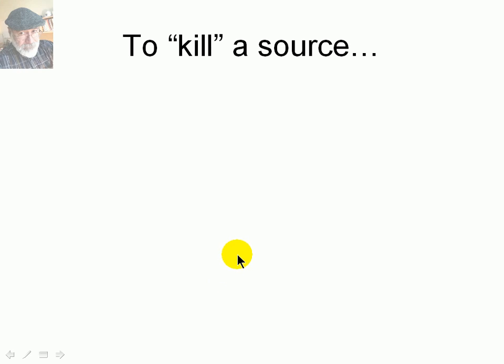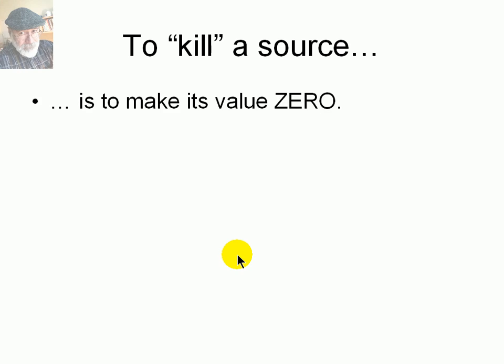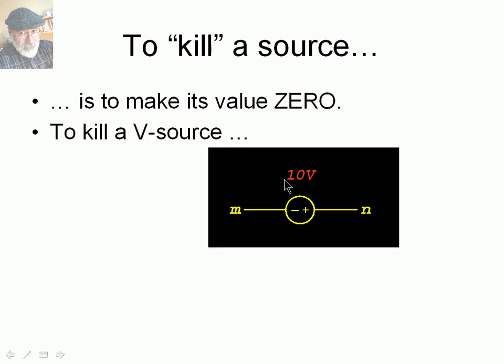Before we move on, let's define what it means to kill a source, because sometimes we will need to do that. To kill a source is to make its value 0. For instance, if you need to kill a voltage source, like this one, 10 volts, what you do is you replace its value by 0 volts.